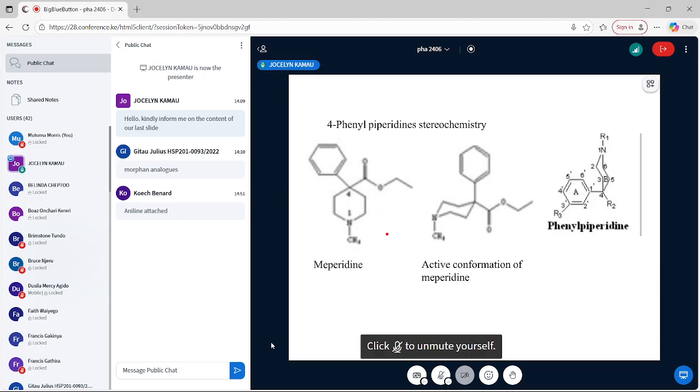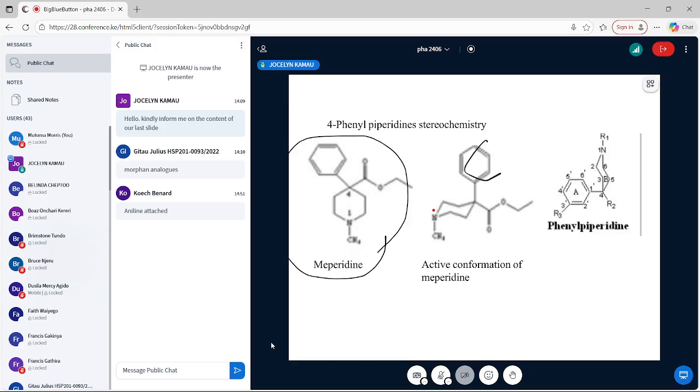So all I'm saying is, of course, this is the meperidine structure. But for it to bind the receptor, we are saying the phenyl ring must acquire the axial, which is also the vertical, orientation in relationship to the other groups. That is because it can rotate around the sigma bond.